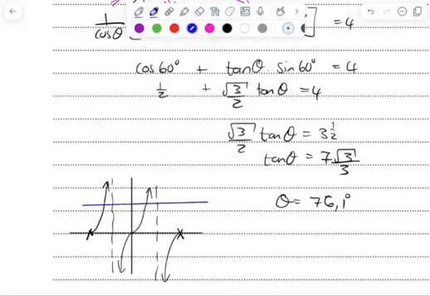So this is about 4.04. I'm basically looking for two answers within this domain. So I've got my 76.1, and then I know that tan repeats itself every 180. So if I take 76.1 degrees, I'm then going to subtract 180 from that. And I get minus 103.9 degrees.